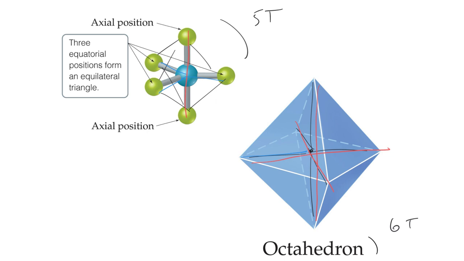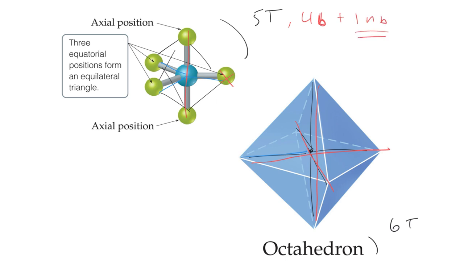Now, why this matters is if I want to kick a lone pair into trigonal bipyramidal, I have a choice of where I'm going to put it. If I have 5 total domains, 4 of them are bonding domains and 1 of them is a non-bonding domain. Where do I put the non-bonding domain?